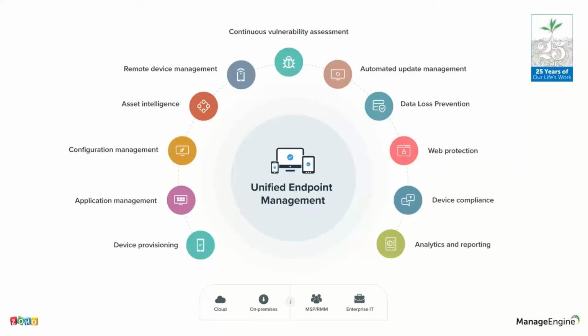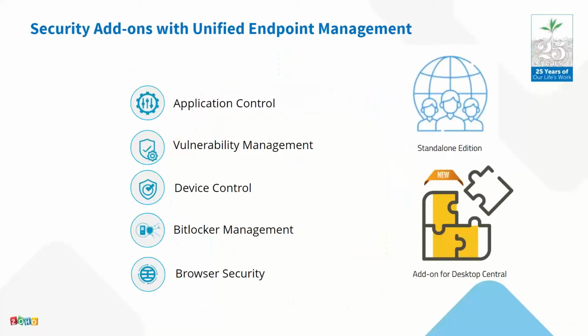In these management aspects of unified endpoint management, today we're going to concentrate on 5 different security functionalities present in Desktop Central Unified Endpoint Management. We will be focusing on application control, vulnerability management, device control, encryption, and browser security. This is in a nutshell what we are going to cover today.